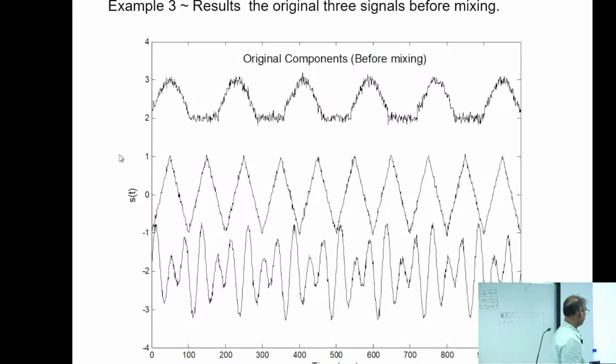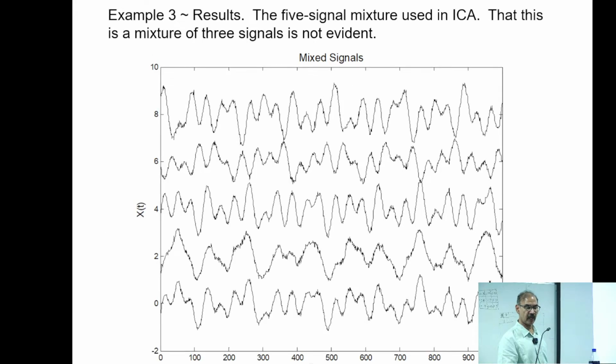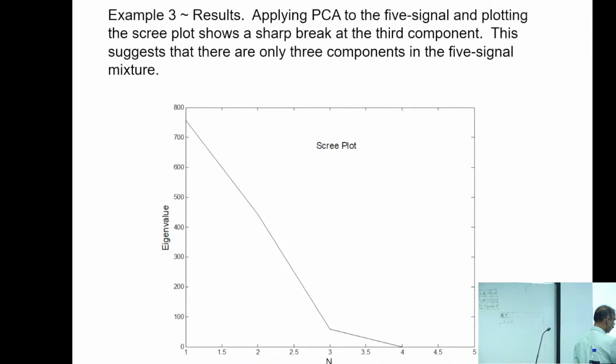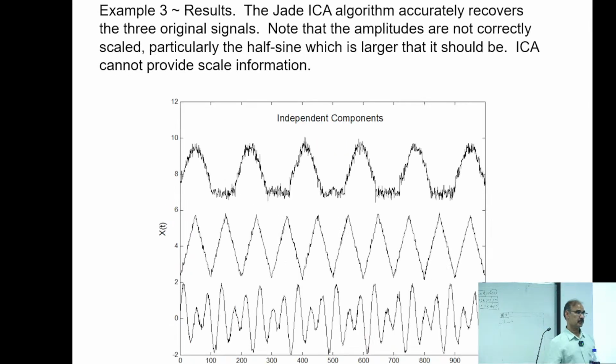You have 5 different signals that you get by adding the signal sources that I showed you. Then you use the scree plot, and you can see that the bifurcation occurs at 3, and then by using ICA, you can identify these 3 signal sources, right?